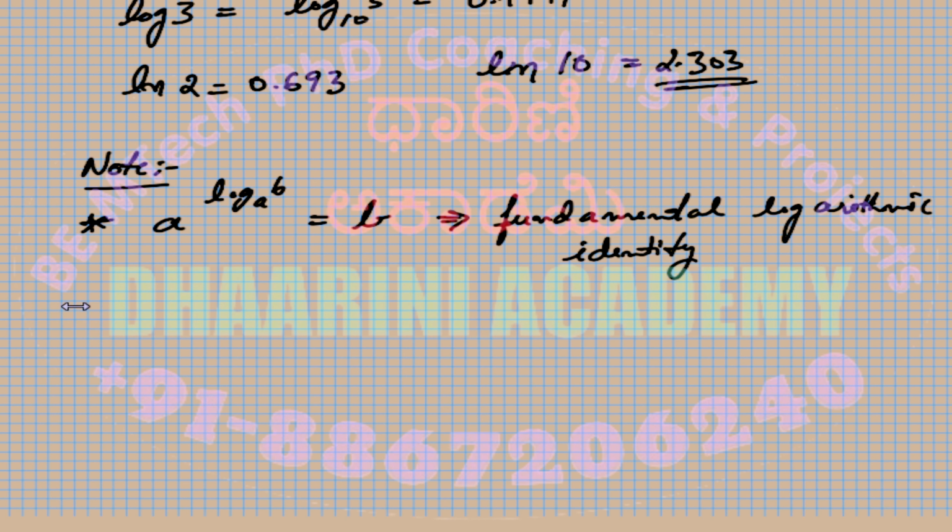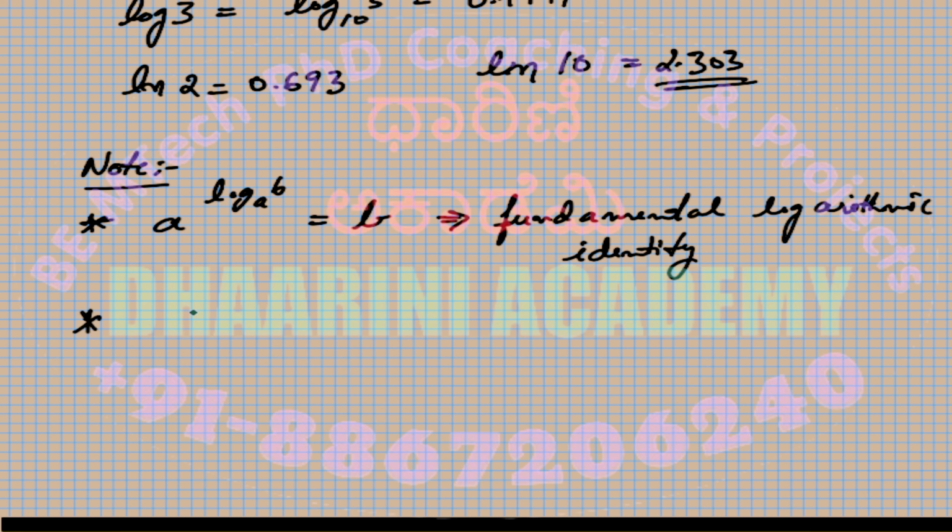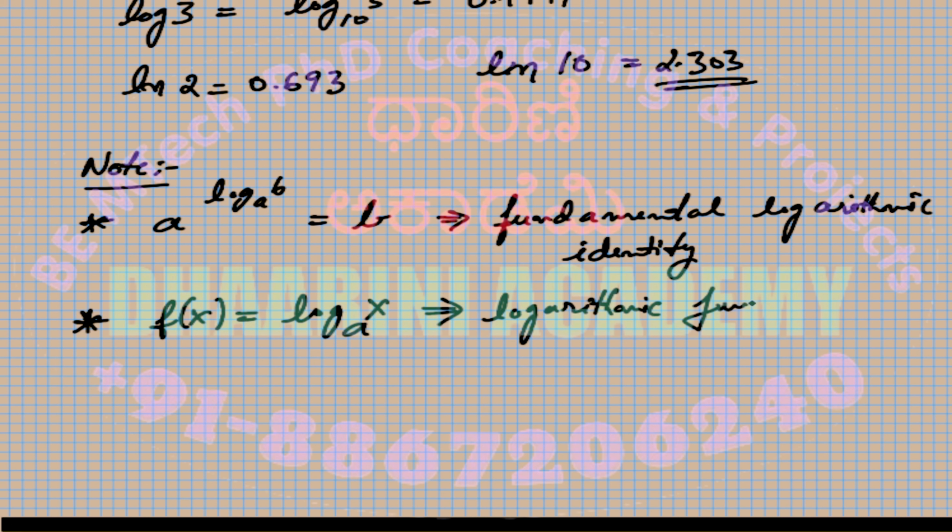All right. If at all we try to write a function such as f of x is equal to log of x to the base a, if you see any equation like this, this is called a logarithmic function.